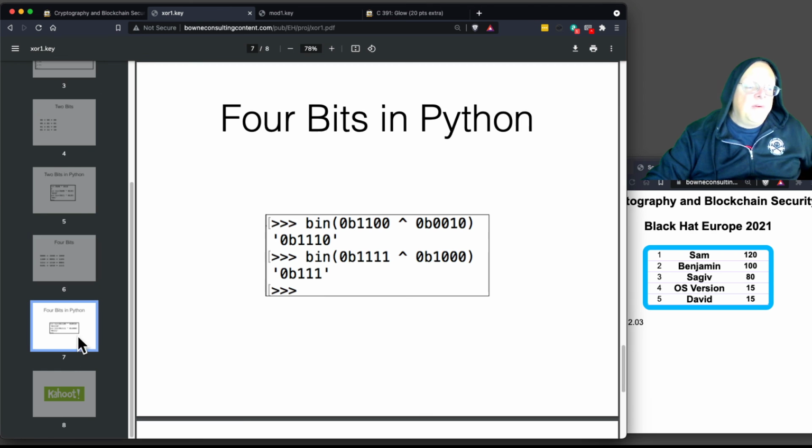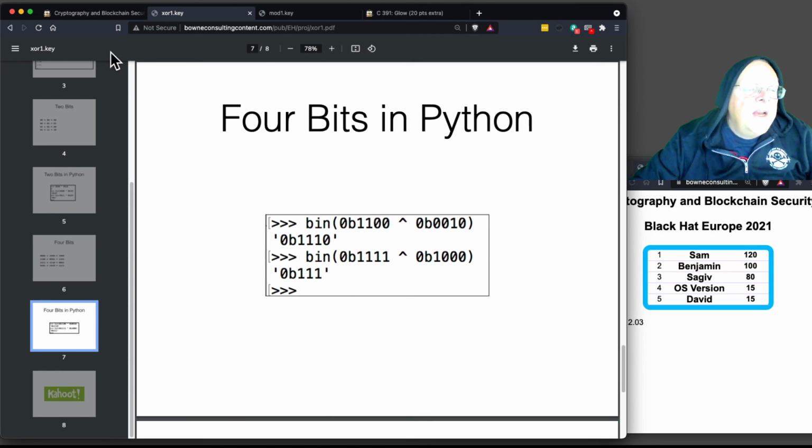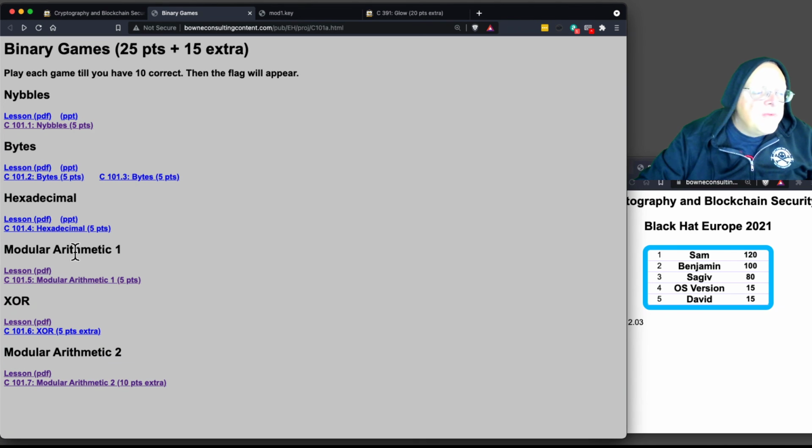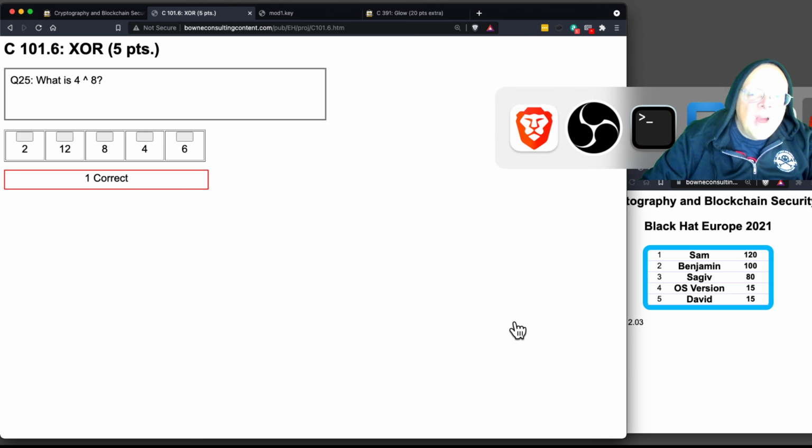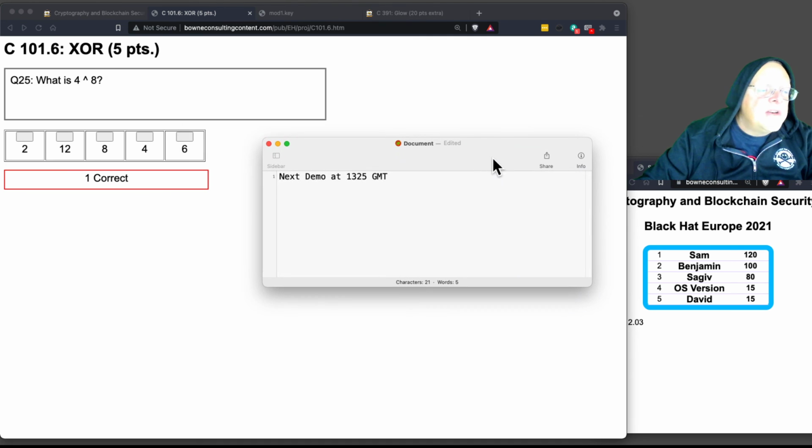All right. So that's XOR, and there's a challenge where you practice doing some XORs. If you're not familiar with that, it's a good thing to do. So 8 XOR 0. XOR anything with 0 does not change it. So that's 8. 4 XOR 8 is, if I bring up a place to do some scratch pad. All right.